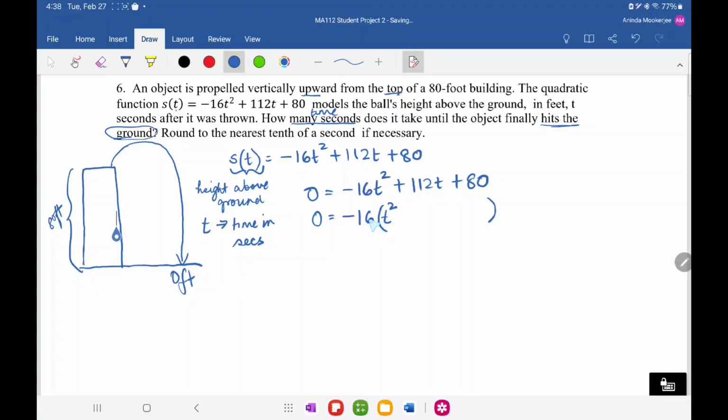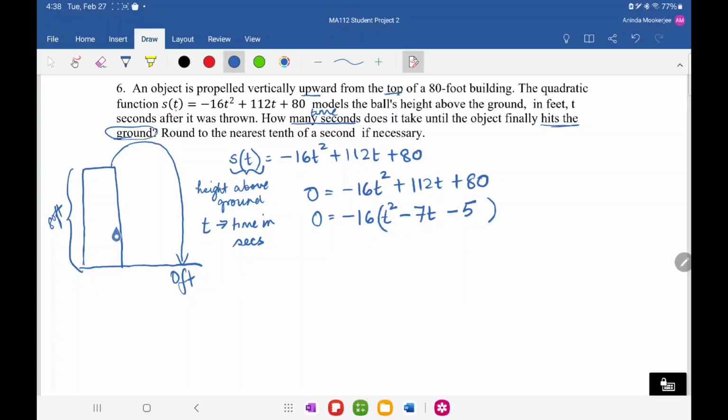However, if you factor out a negative sign, then the sign inside the bracket will change. So we'll have minus 7t, and then plus 80 divided by negative 16 is negative 5. So I'm going to write negative 5. Okay. So now we have 0 equals negative 16 times t squared minus 7t minus 5.